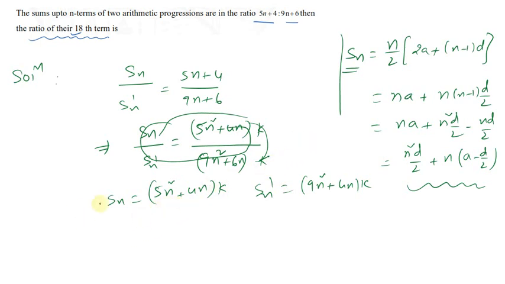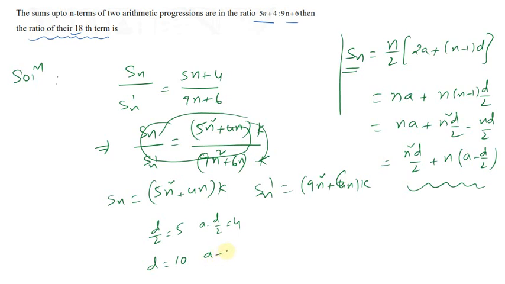Now compare with this. Then what are you getting? The n square coefficient is 5, meaning d by 2 is equal to 5, and a minus d by 2 is equal to 4, the n coefficient. So d is equal to 10 and a minus d by 2 is equal to 4.